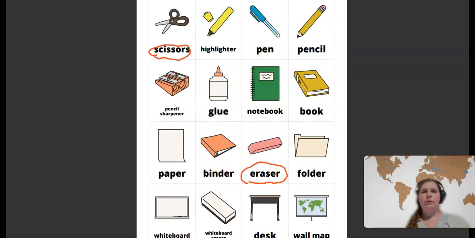What do I use to keep my papers together? To keep my papers, I can use a folder or a binder to keep my papers together.